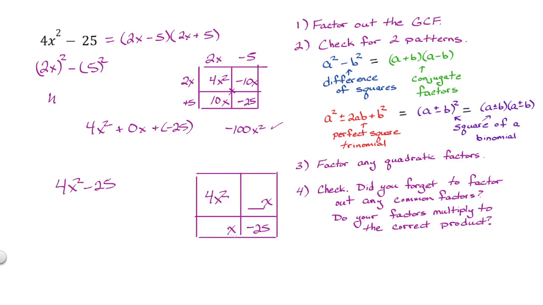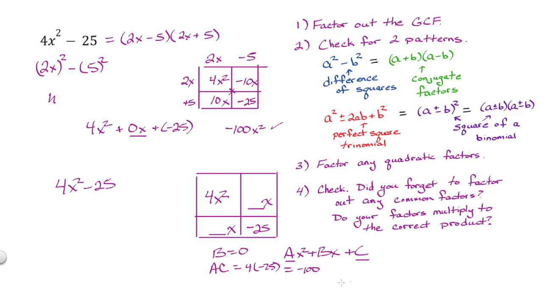To find these two coefficients, I know the value of b in ax squared plus bx plus c, I know b is 0 here. There's 0 x's. If we write it out, you can see it right there. So I know b must be 0. But I know a times c, the leading coefficient times the constant, equals 4 times negative 25, which equals negative 100.